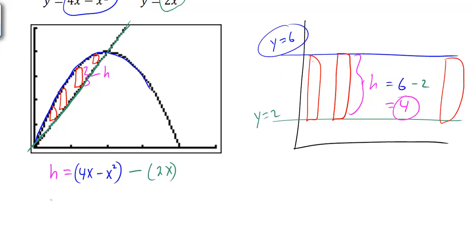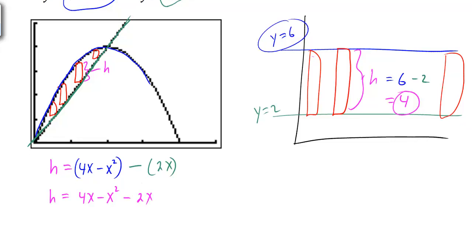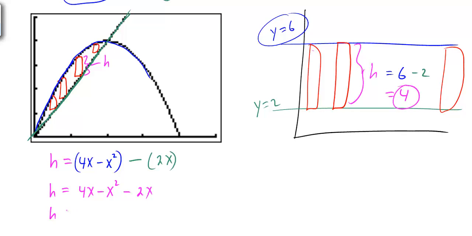So then h is equal to 4x minus x squared minus 2x. So the height of this rectangle would be 4x minus 2x, so 4x minus 2x is 2x minus x squared.